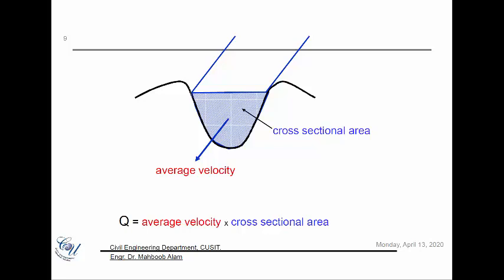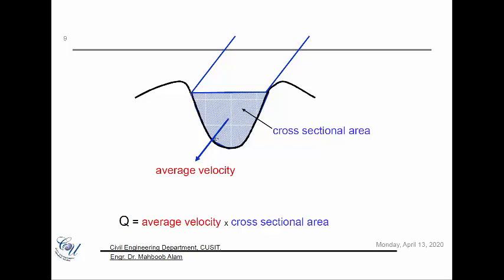So the area is not constant. You cannot measure the area very easily. There are a number of undulations there, so it is difficult to calculate the area there. So this is one part we have to look into when we are calculating or measuring the discharge.